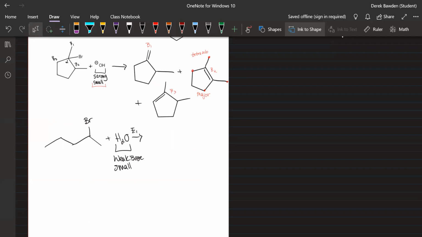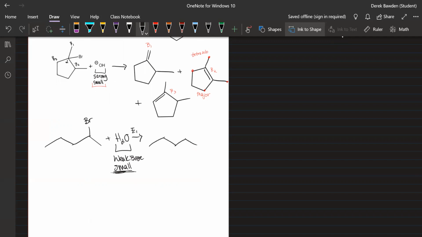And because it's small, is it going to be more substituted or less substituted double bond? More substituted, perfect, because Zaitsev is small, Zaitsev wants more substituted. So we're going to get this product.